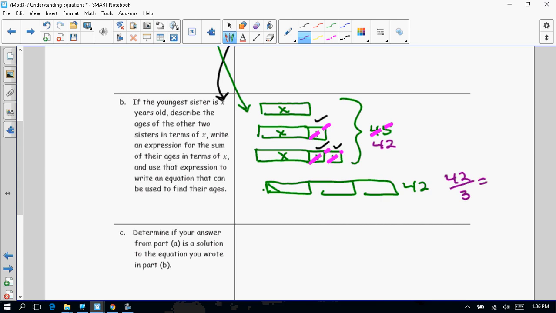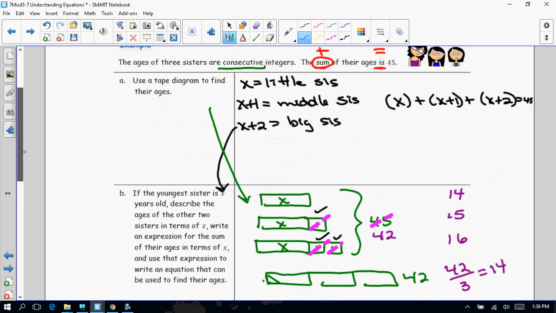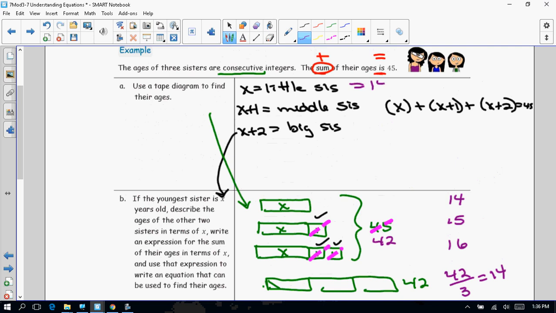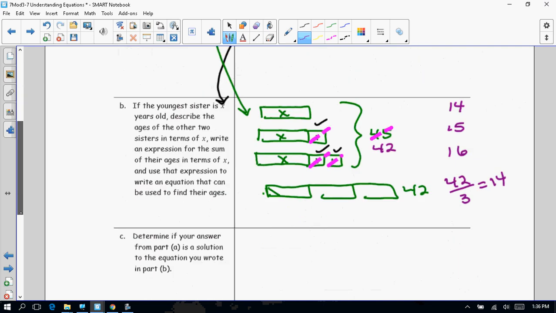In this case, X is 14. So the littlest sister is 14. The middle sister is 1 year older, and the oldest sister is a year older than that. So in other words, 14, 15, and 16 years old.